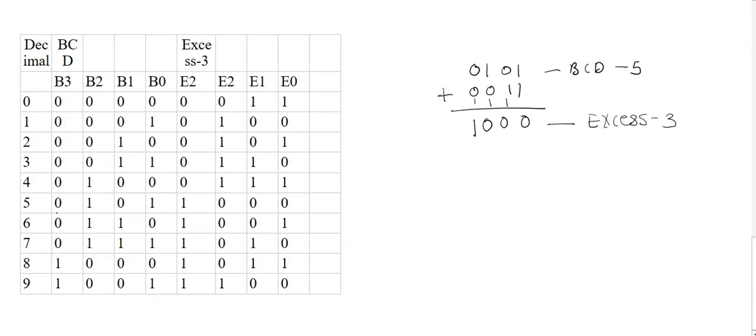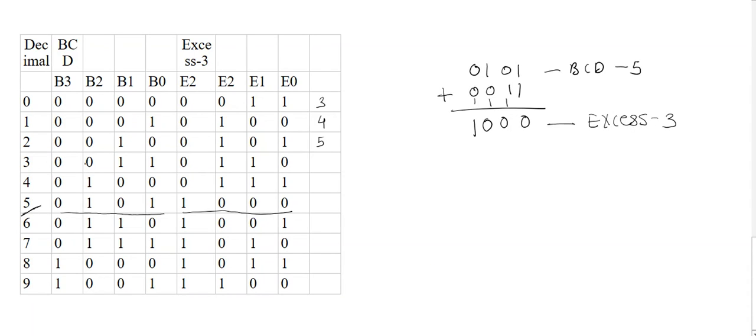Here in the table you can see that for decimal 5, the BCD value is 0101 and the XS3 code is 1000. Similarly, when 3 is added to 0, I get 3. When 3 is added to 1, I get 4. When 3 is added to 2, I get 5.